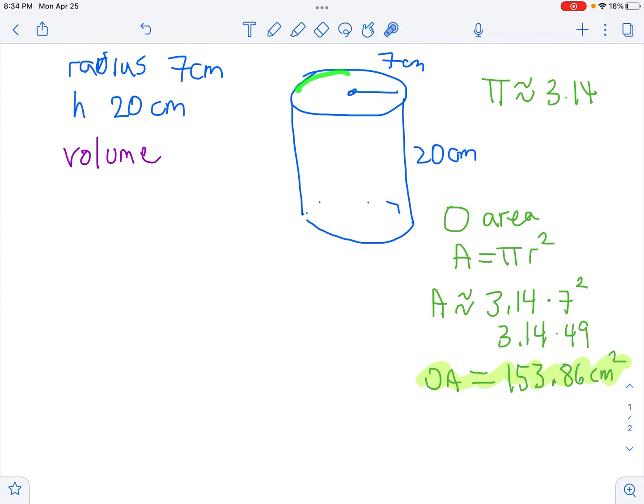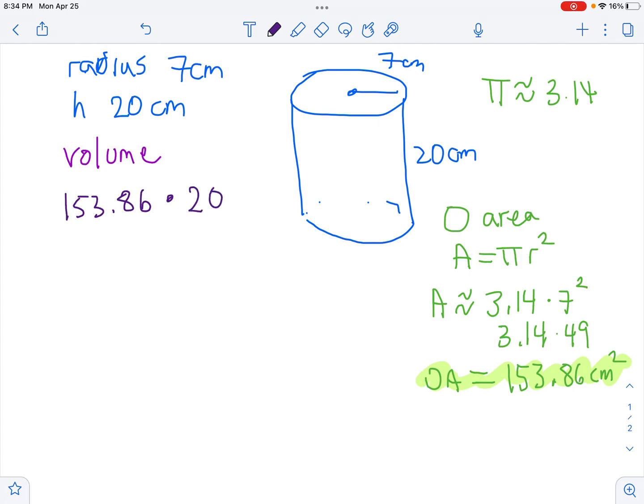Okay, so now to figure out the volume, it's the area. Remember what we said? It's the area of the circle times the height, just like for any kind of prism. So volume is going to be 153.86, the area of the circle, times 20.